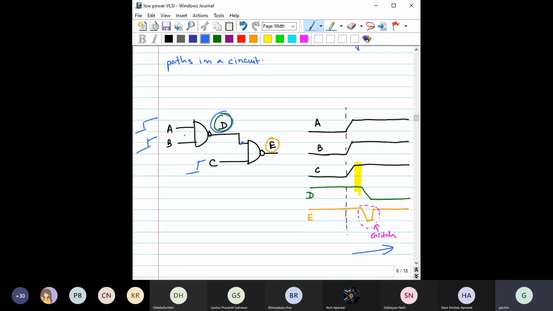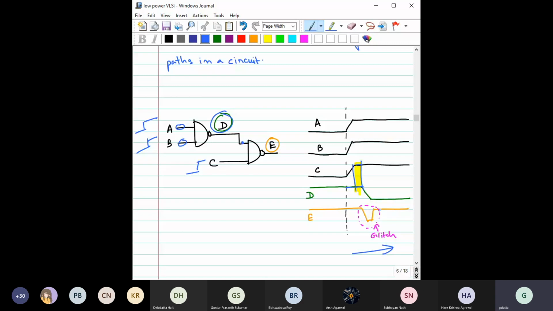What is happening when A and B are changing? After some delay, the value of D will change. You see this D value has changed, but for this period, which is already highlighted here, C is higher. So for at least some nanoseconds, the output E will become 0 before it changes again.